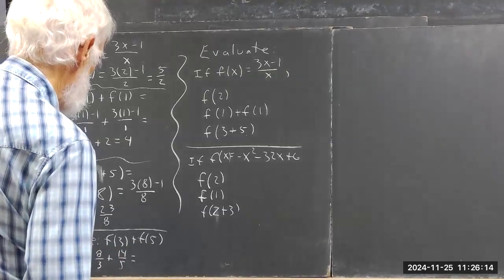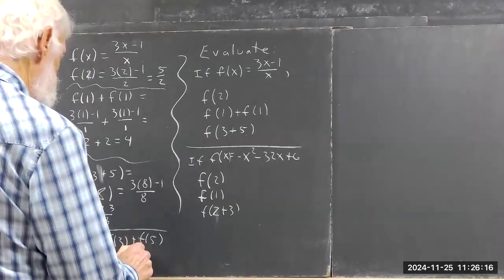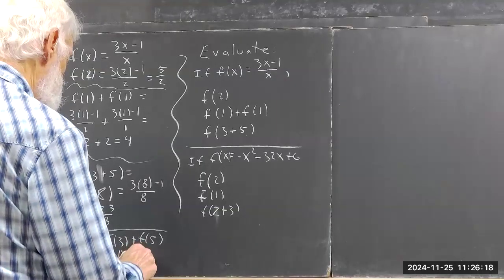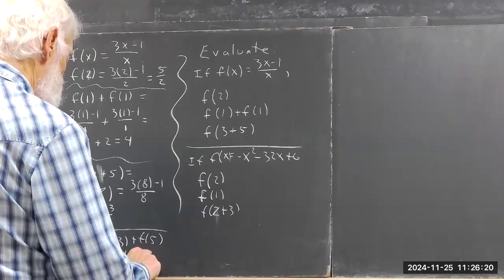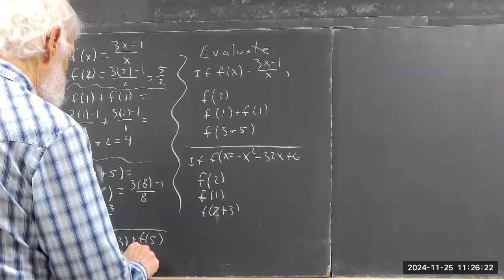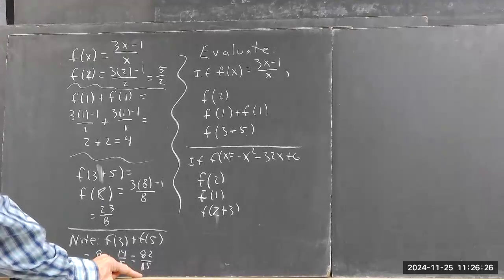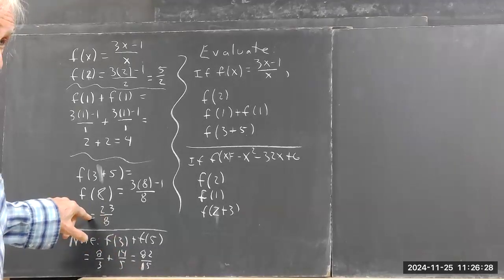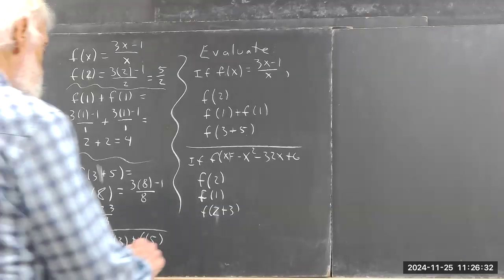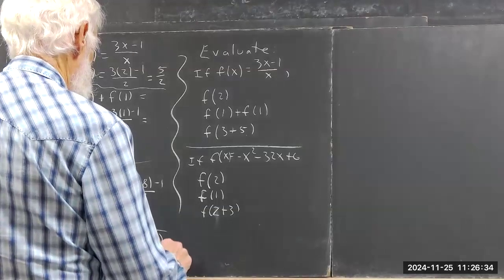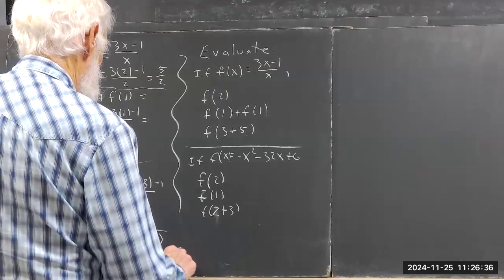And that equals 40 plus 42, 82 over 15. You can check my arithmetic on this. We can do it in my head, okay? 82 over 15, and that's certainly not the same as 23 over 8, right? So this is not equal to 23 over 8.